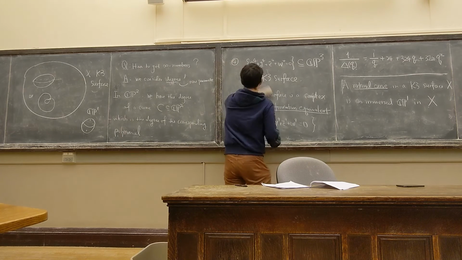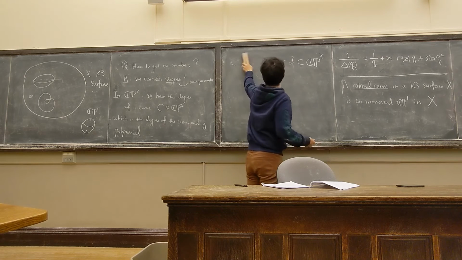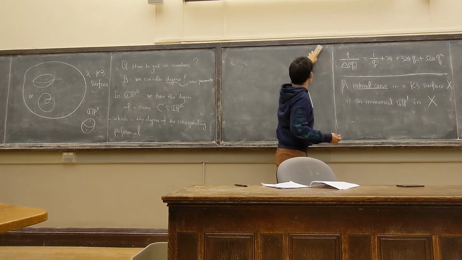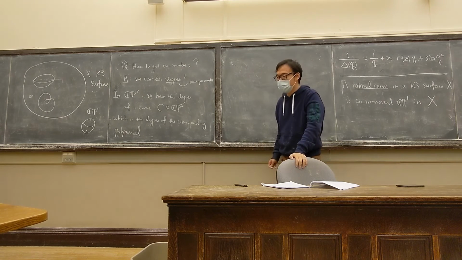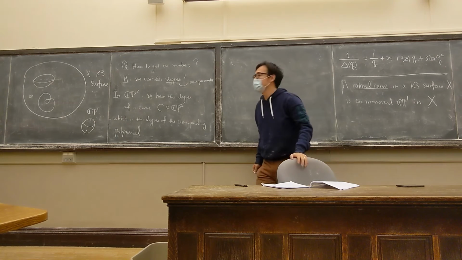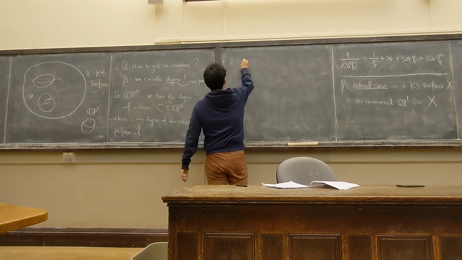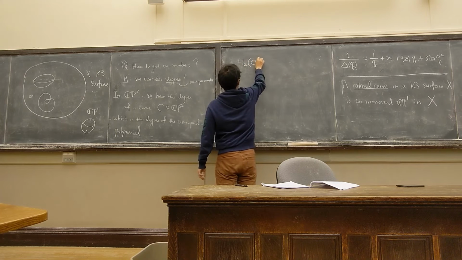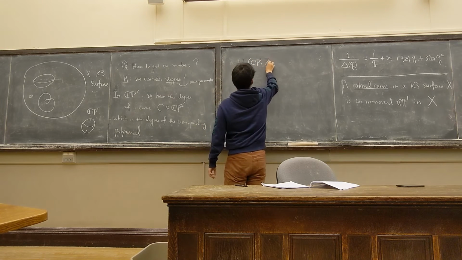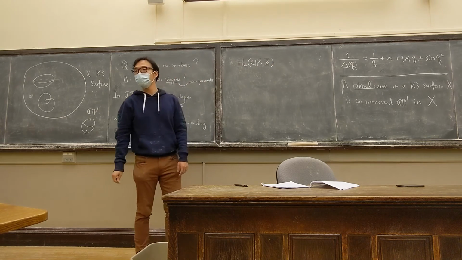Well, at this stage, I have to use something slightly complicated called homology. So how do you construct this? We know that the homology of CP2 is an abelian group.